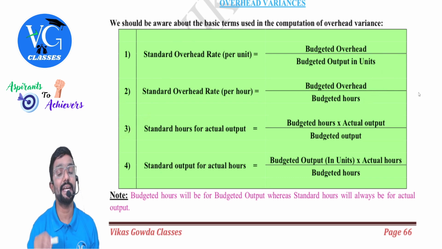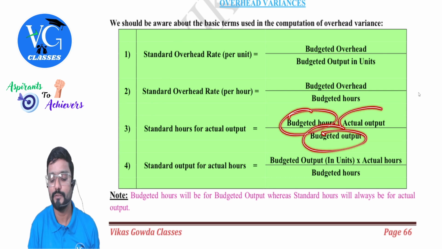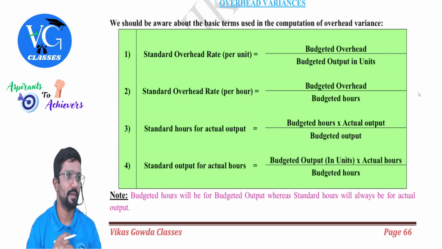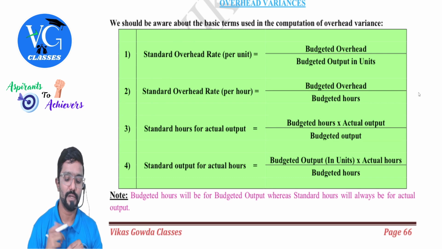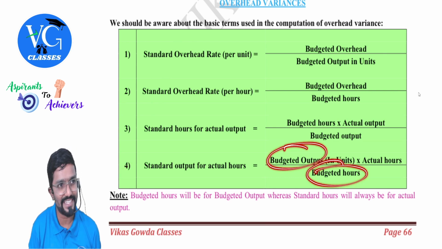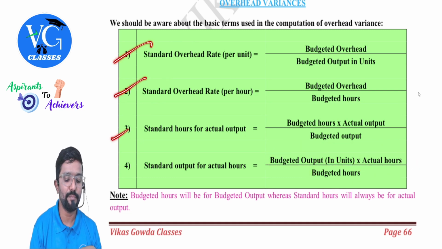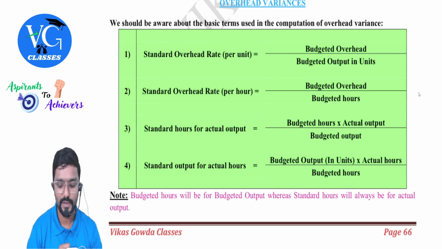How do you calculate standard hours for actual output? Budgeted hours is for budgeted output. How much for actual output? Then standard output for actual hours. Budgeted output is for budgeted hours. How much for actual hours? Especially these three are important calculations. Got it?